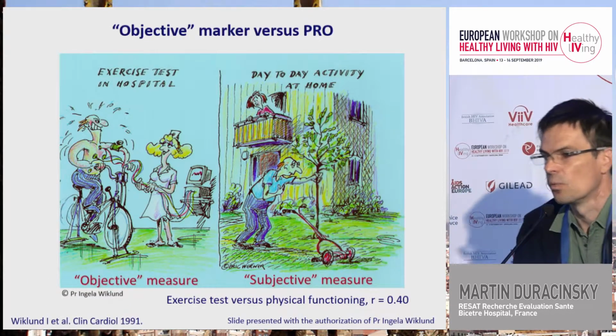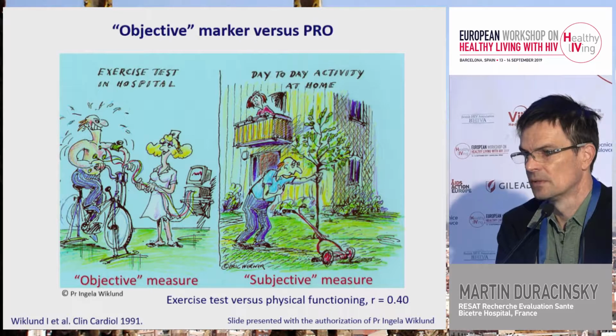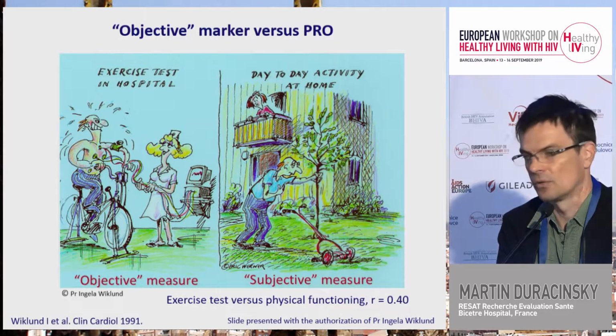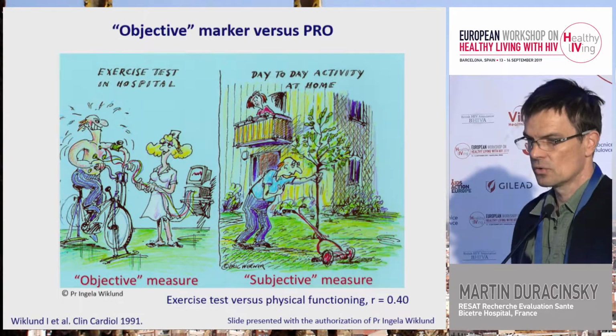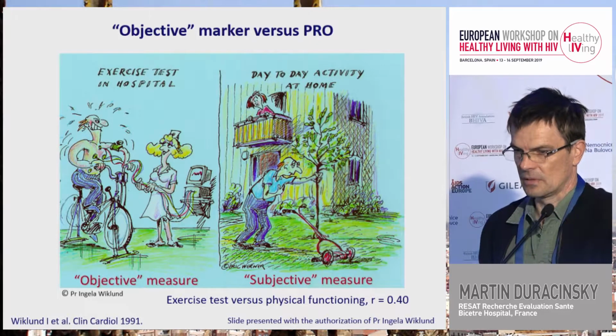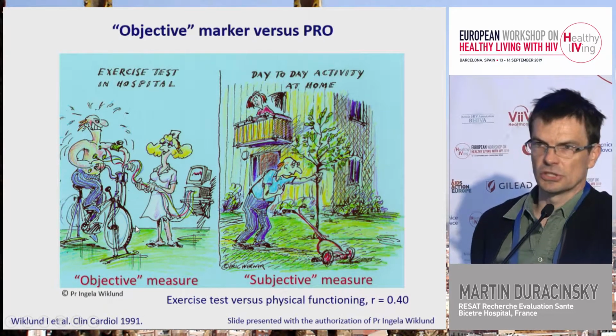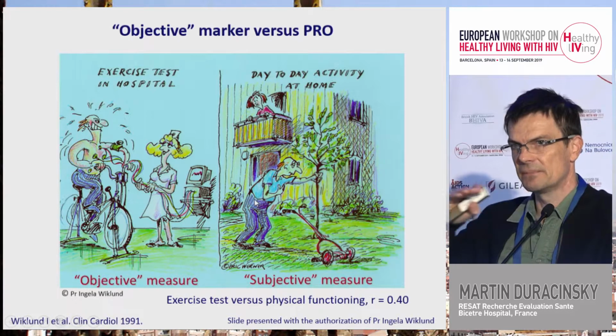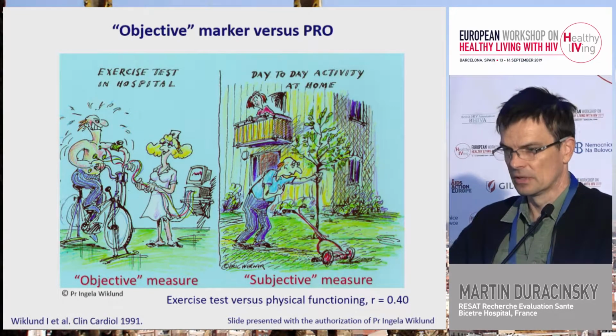Another reason why we should measure quality of life from the patients is that in general there is a weak correlation with other outcomes. This is, for example, from COPD, and you can see the correlation between the good condition in hospital with a nice nurse compared to real life condition with the same level of physical effort.